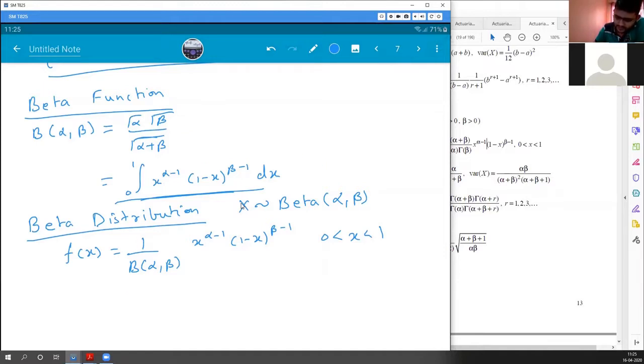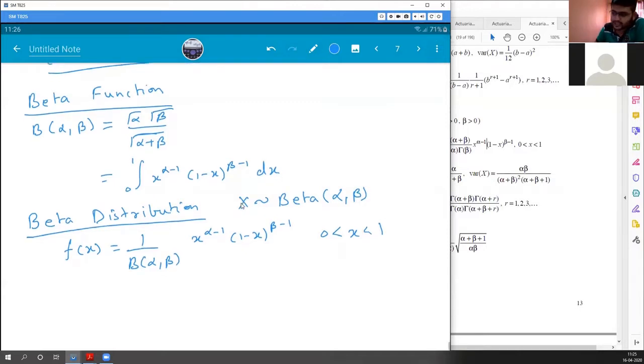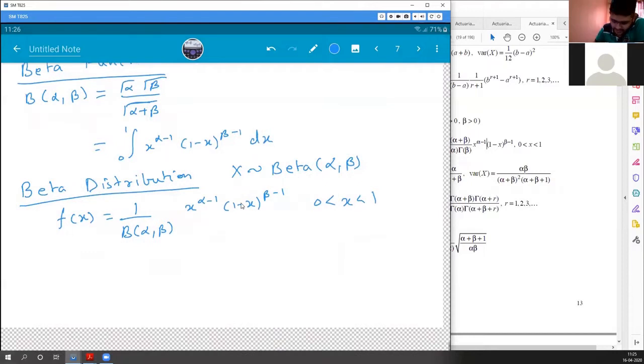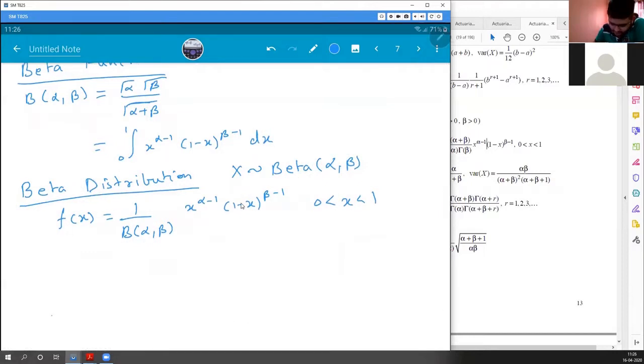Now why did we convert our beta function into a distribution? Because, just like the gamma distribution, we find that we can convert this into many different forms. Actually, the beta function, depending on the values of alpha and beta, can be converted into any distribution or any pattern. Any kind of graph we can convert it into, right from a straight line to any kind of curves.